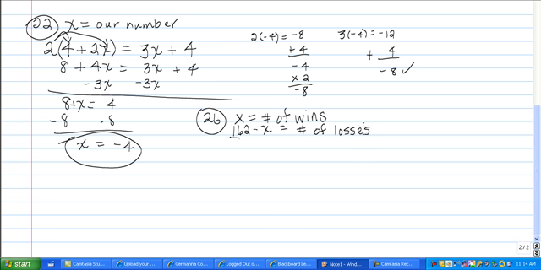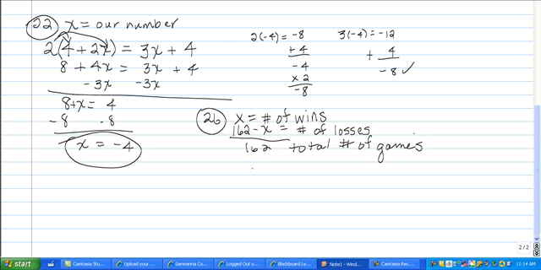So if we add those two together, we get a total number of games. Alright, now it says won 33 fewer than twice as many games as they lost.